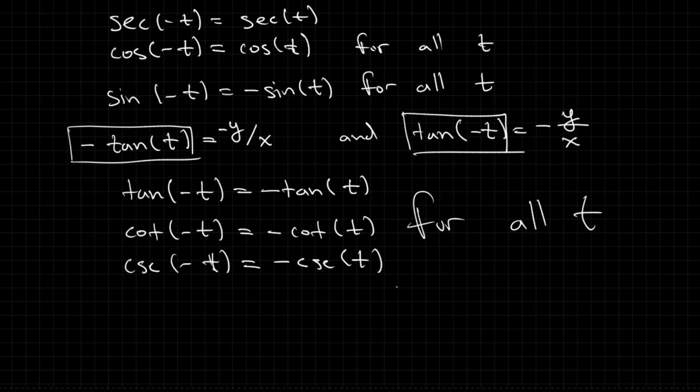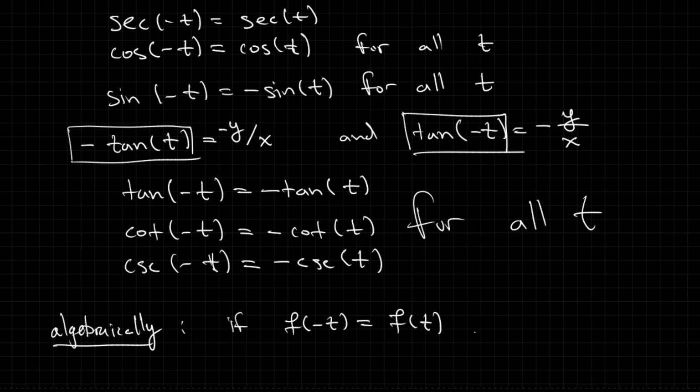Now, earlier in the course, we learned about functions with what we called various symmetries. That is, if a function was symmetric about the y-axis, we called it even. And if a function was symmetric about the origin, we called it odd. Algebraically, if you have f of minus t equals f of t for any function for all t, we say f of t is even.